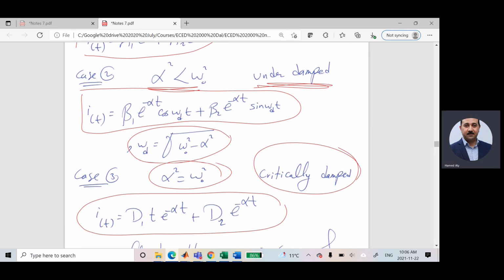And after that, I have to calculate the constants, A1 and A2, or beta1 and beta2, or D1 and D2. We are calculating those constants based on what? Based on the initial conditions, i(0) and di(0)/dt, which is equal to VL(0) over L.